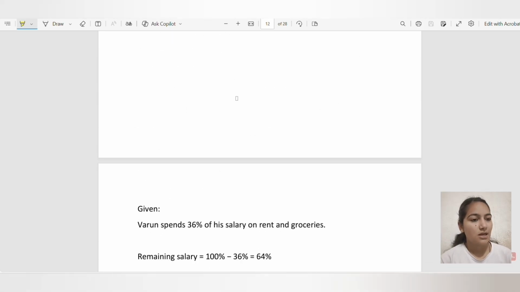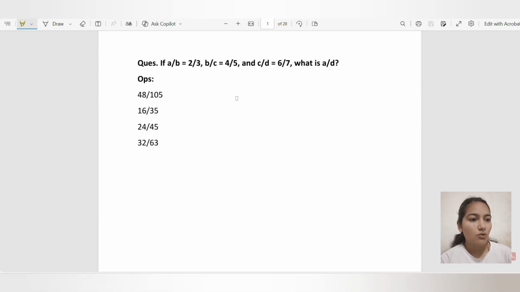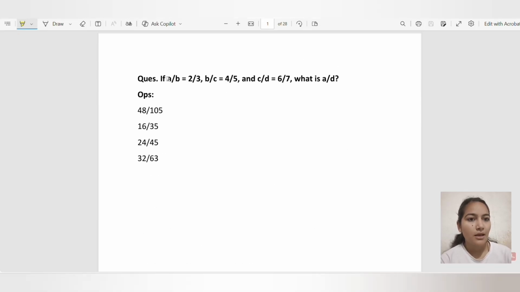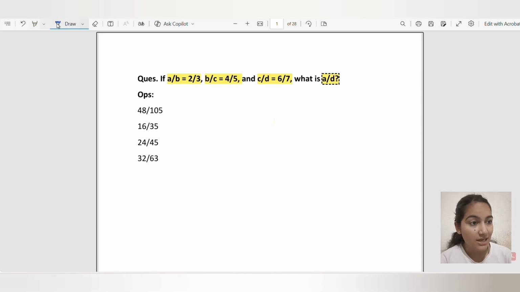Okay, so let's start. Our first question is, if a by b is equal to 2 by 3, b by c is equal to 4 by 5, and c by d is equal to 6 by 7, then you have to find the value of a by d. So in the question you can see that you have to find the value of a divided by d, and a is given in the first fraction and d is given in the last fraction.